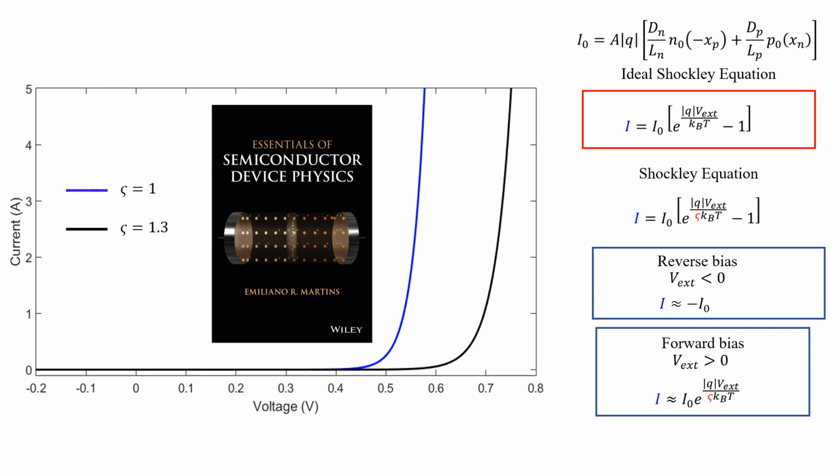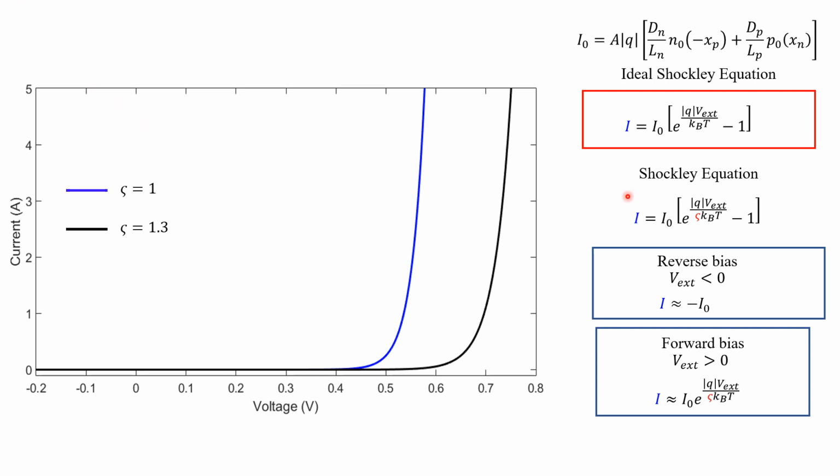But for now, I want to call attention to the fact that the ideal Shockley equation was derived assuming ideal conditions. But if we had taken into account some non-ideal effects, like for example, recombination in the depletion region, then we would get a Shockley equation which is almost identical to the ideal Shockley equation, but with the addition of this parameter, which is called the ideality factor.